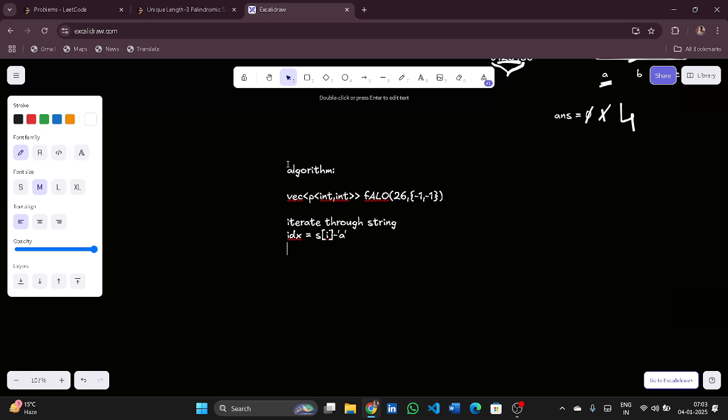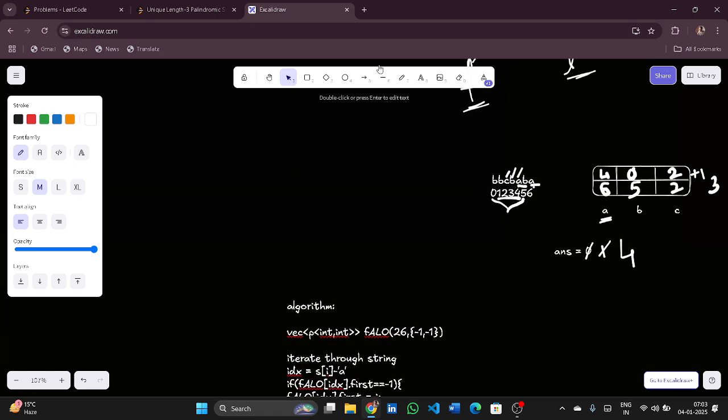So index is equal to s of i minus 'a'. If the first occurrence of this character, FALO of index dot first, is -1 only, then you need to change it to i.